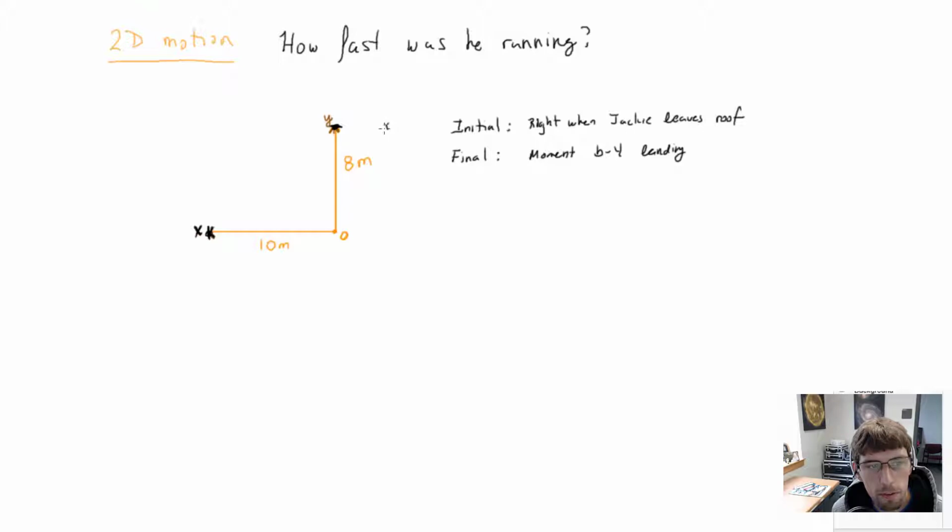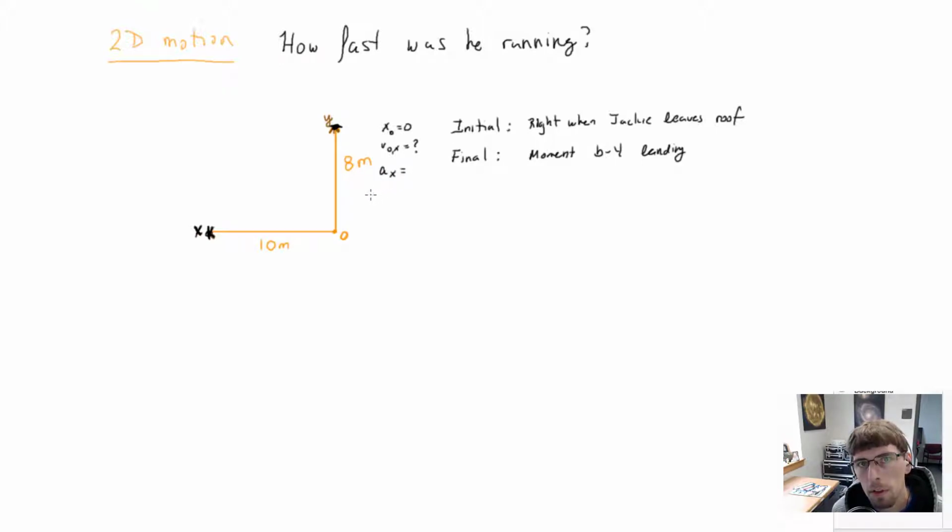The initial X position is 0, right above the origin. The initial speed in the X direction is a big question mark. We don't know that yet. And the acceleration in the X direction.